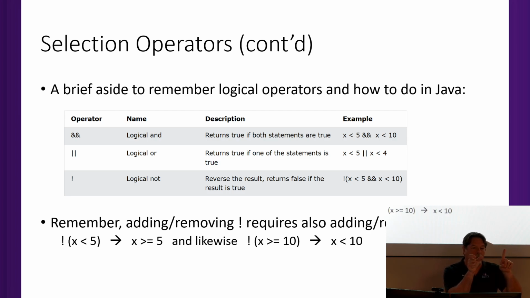If I want to flip that around and get rid of the exclamation point, you might think, well, not x is less than 5 is x is greater than 5. But no, you have to worry about that. What if it's equal? Greater than is one way, less than is the other way, but we've got that middle part where what if it's equal? So anytime you're flipping it around, getting rid of or adding the logical not operator, you have to remember to add or remove, vice versa, the equal sign. Does that make sense to everybody?